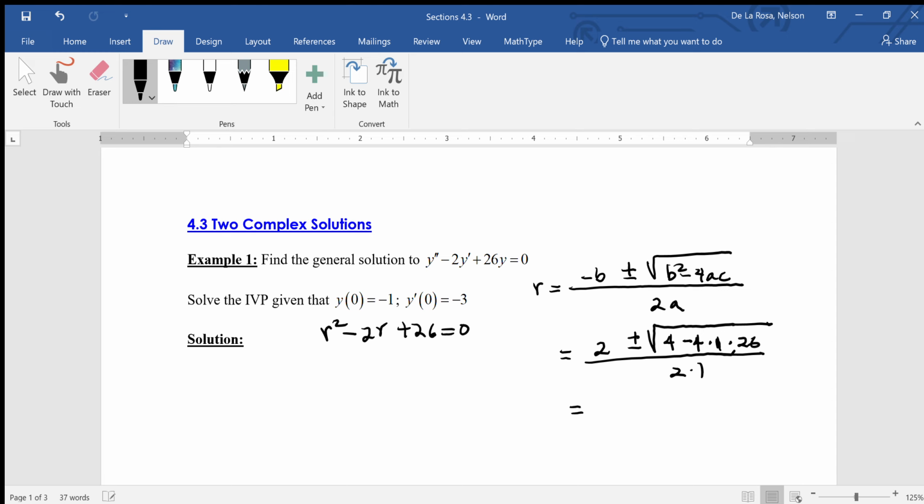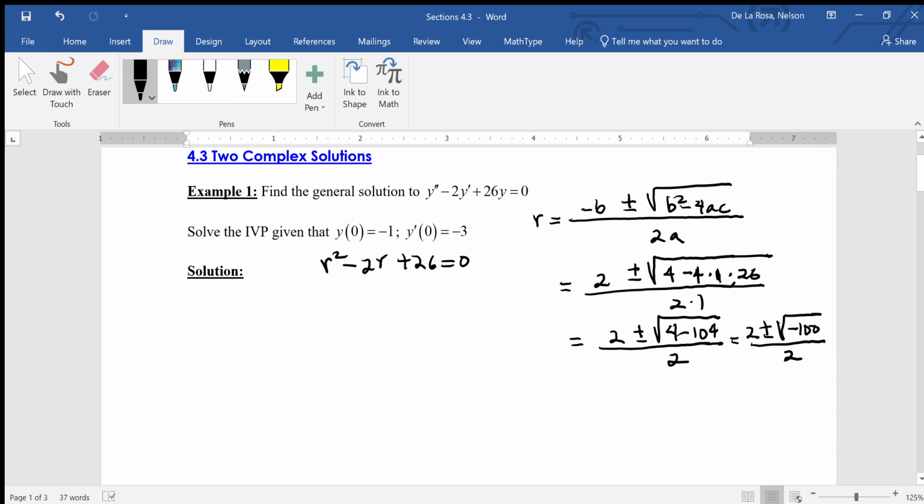So we're going to obtain 2 plus or minus square root of 4 minus 104, which is equivalent to 2 plus or minus square root of negative 100, divided by 2.